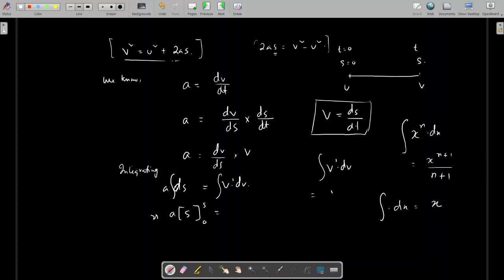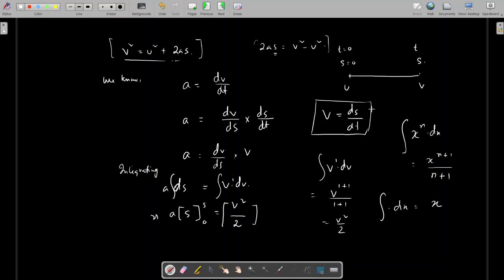Use this formula. v power is 1, so 1 plus 1 is 2, so it becomes v square by 2. I hope you have understood, right? So it is v square by 2. You got it?